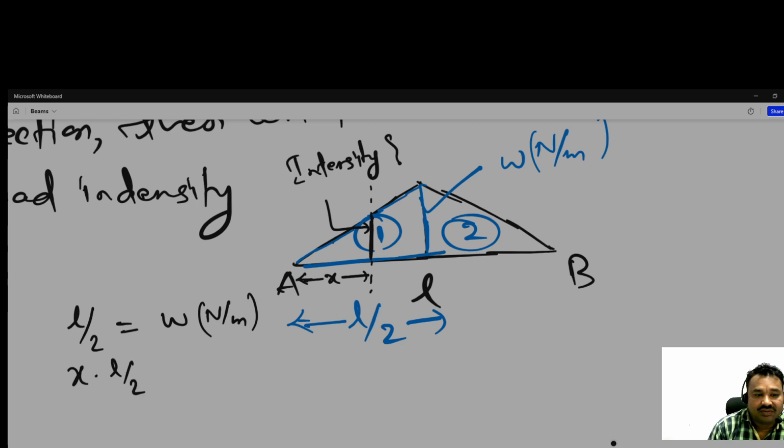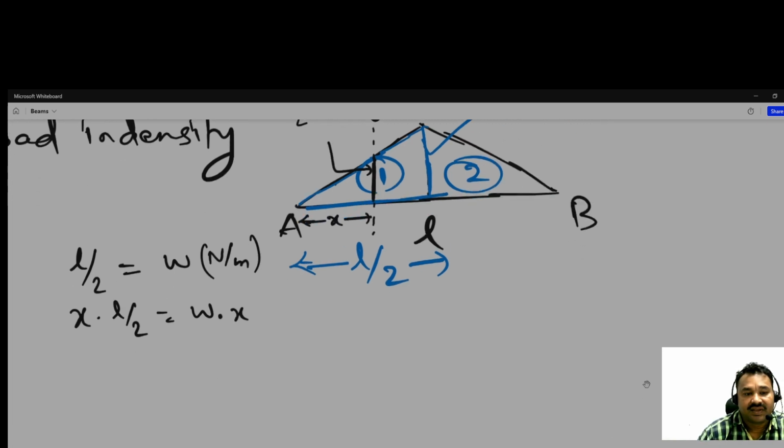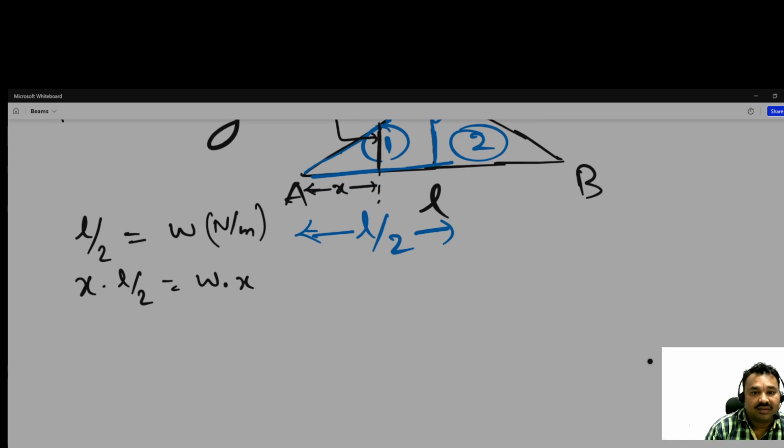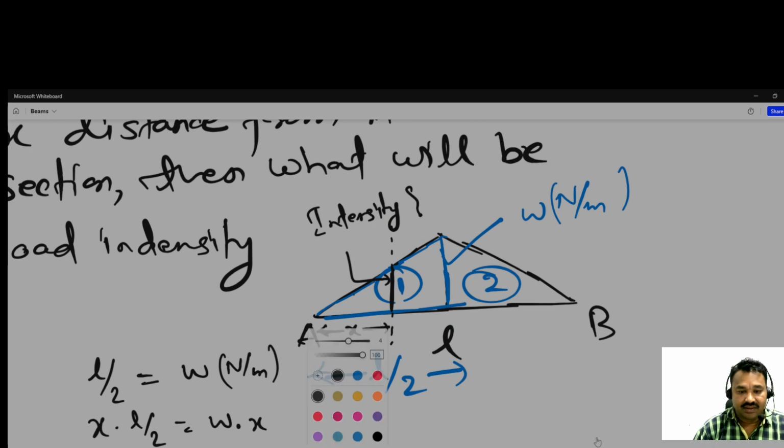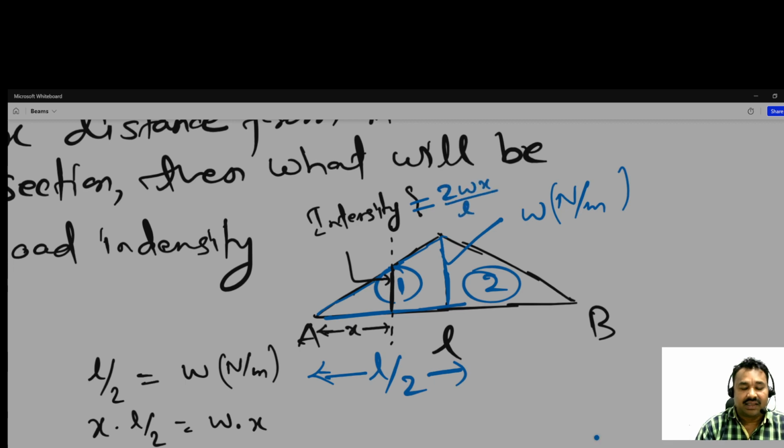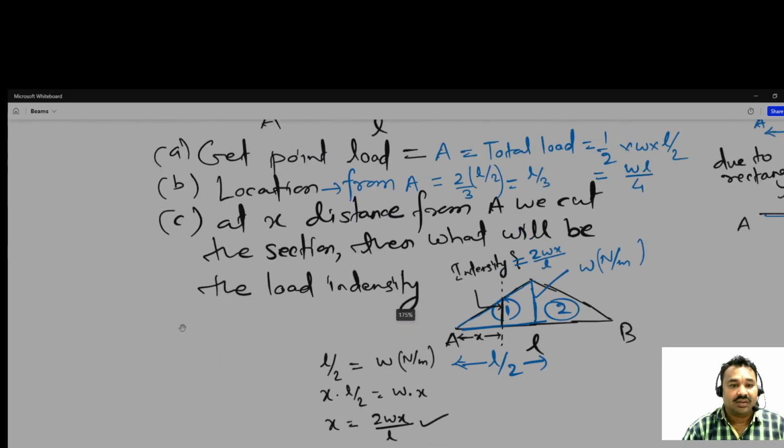It is then multiplied by x, and here x is equal to 2wx divided by L. So this is the intensity, 2wx by L.